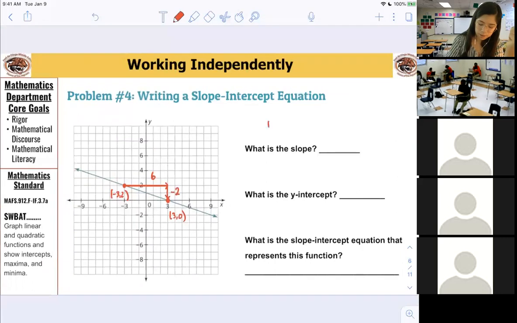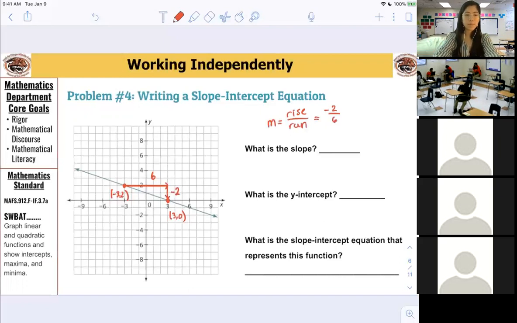So then, rise over run, this would make it -2/6. Can I simplify that? Yes. What can I simplify that to? -1/3. Good, yeah, 1/3 or -1/3. So m equals -1/3.